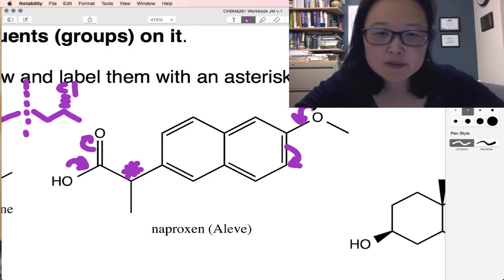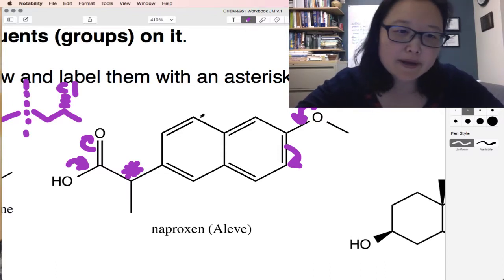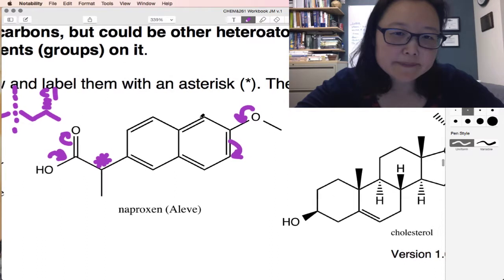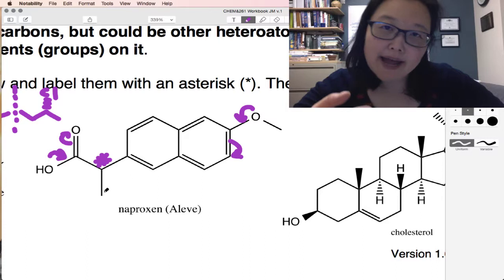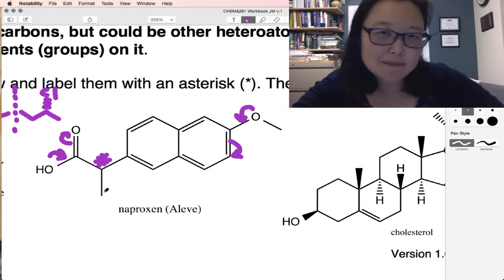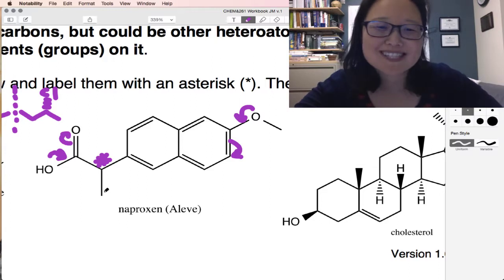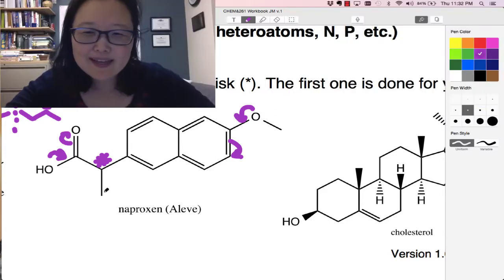And so usually we're talking about carbons, but chirality is not limited to carbon, but we will talk about carbon mostly. So we've got a possibility of stereoisomers because this is our chiral carbon here, and this carbon might have a methyl group sticking out at you, or it might have a methyl group sticking back. So those are the two stereoisomers, enantiomers of Aleve.